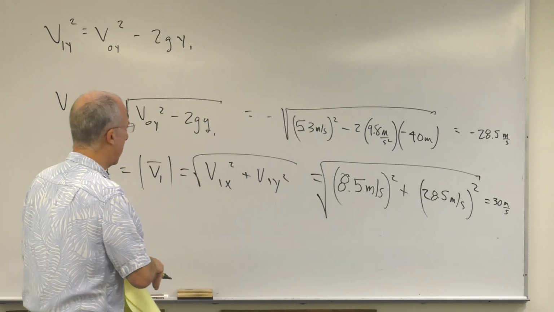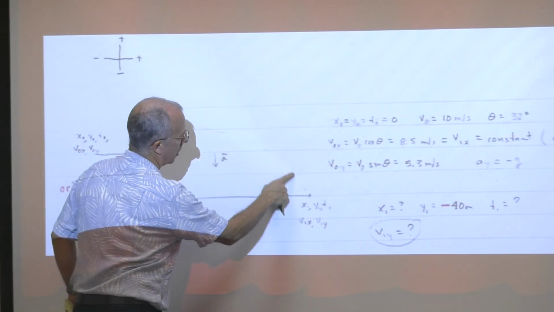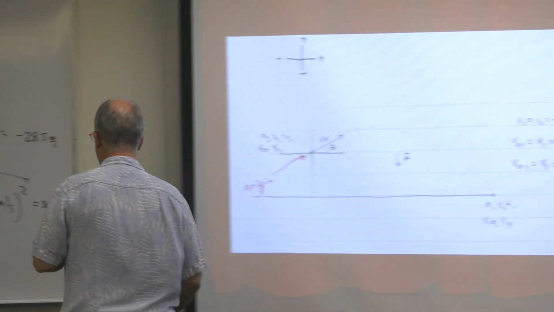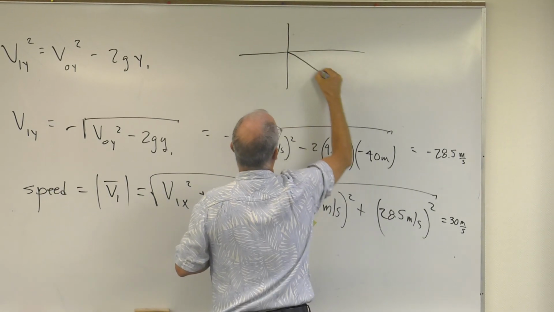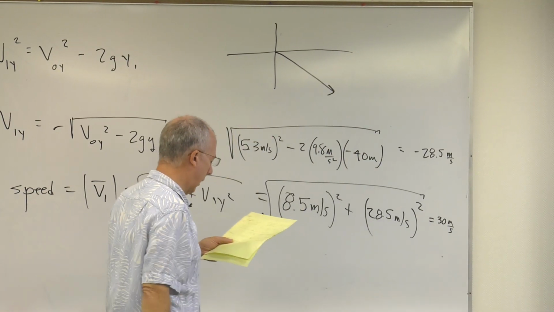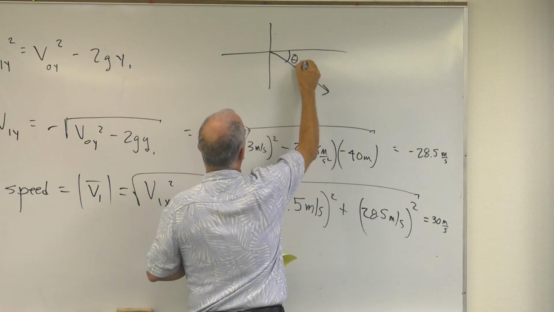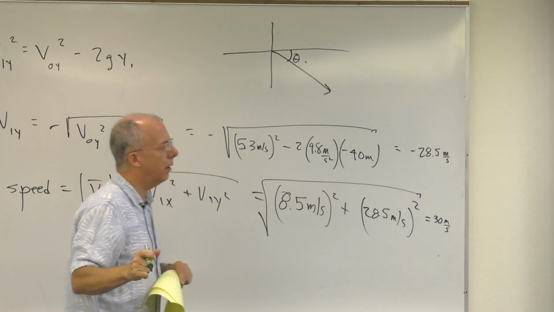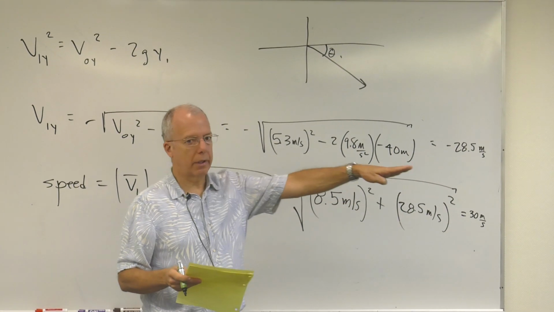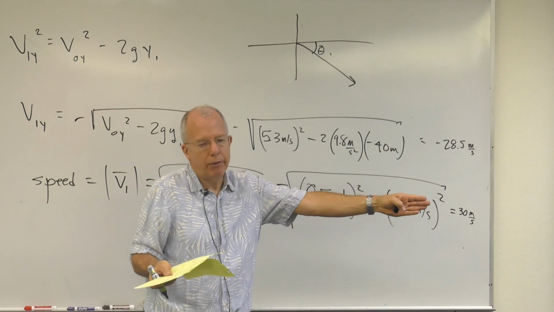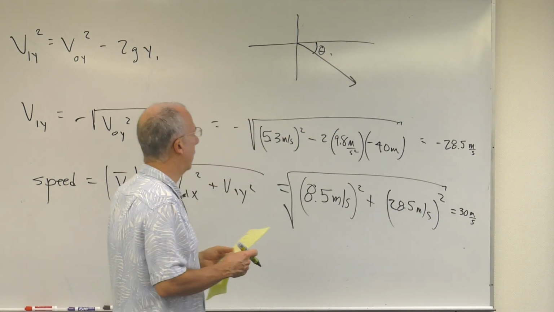Last thing is the direction. Now, it's going like this, okay? It's some angle like that. Let's choose this one. Again, if this were a test question, they would say something like, what is the direction relative to the horizontal? They have to give it to you, because you don't know if they want this or this, right? So they'll always make it clear.